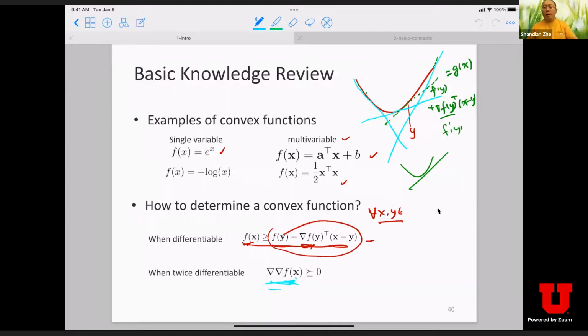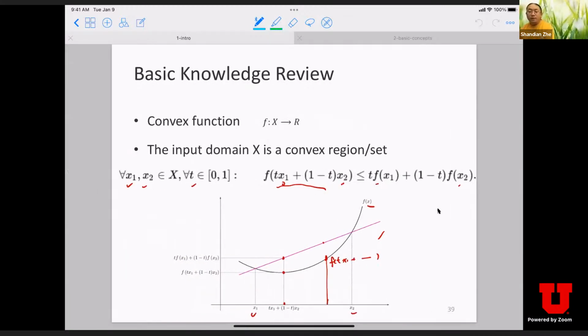So let us continue with the basic knowledge review. At the end of last lecture, we talked about the definition of convex functions, right? There's a pretty tedious definition, which talks about an inequality.